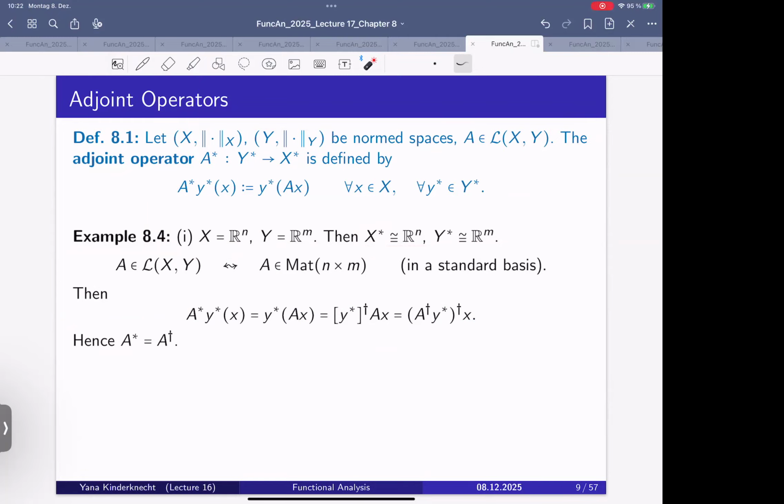And the same for Y star, the topological dual is equal to the algebraic dual because all linear functionals on a finite dimensional normed space are continuous. So the topological dual is again R^m. So let me recall how we do all these associations. So we discuss now this line.